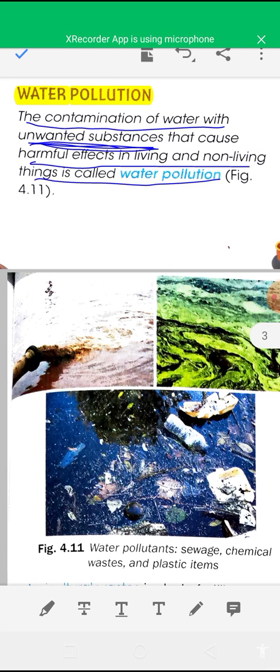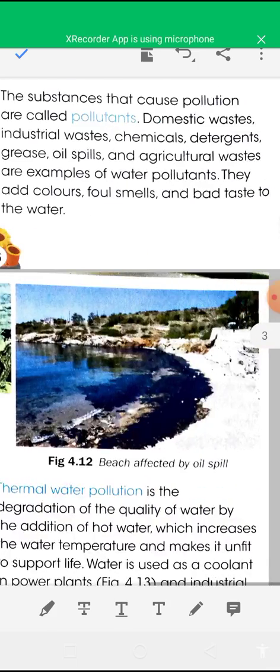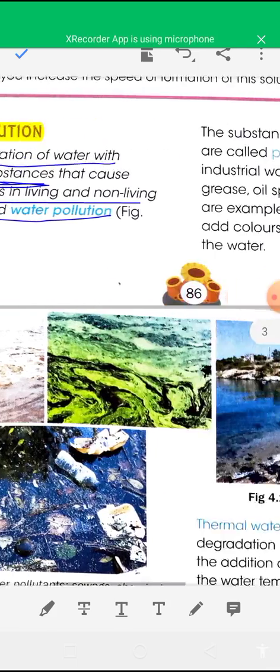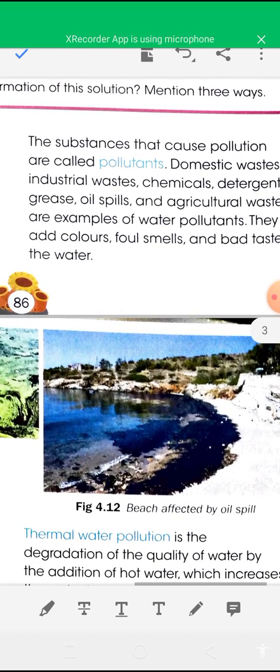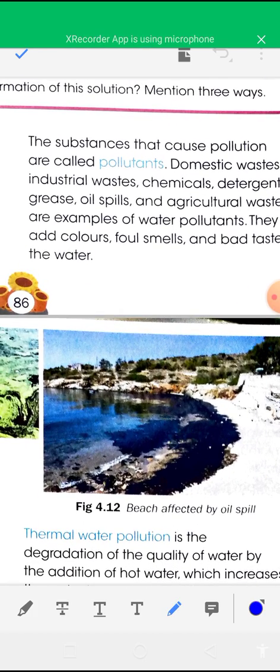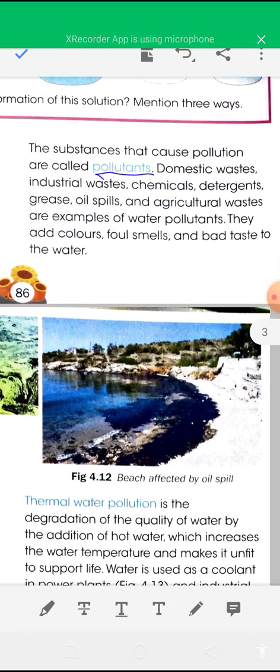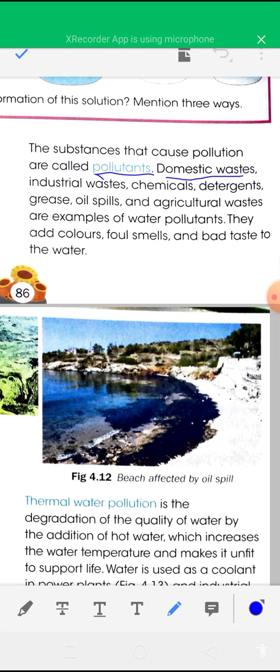These harmful, unwanted substances are known as water pollutants. So substances that cause pollution are called pollutants. There are different types of water pollutants like domestic waste, industrial waste, chemicals, detergent, grease, oil spill, agricultural waste.